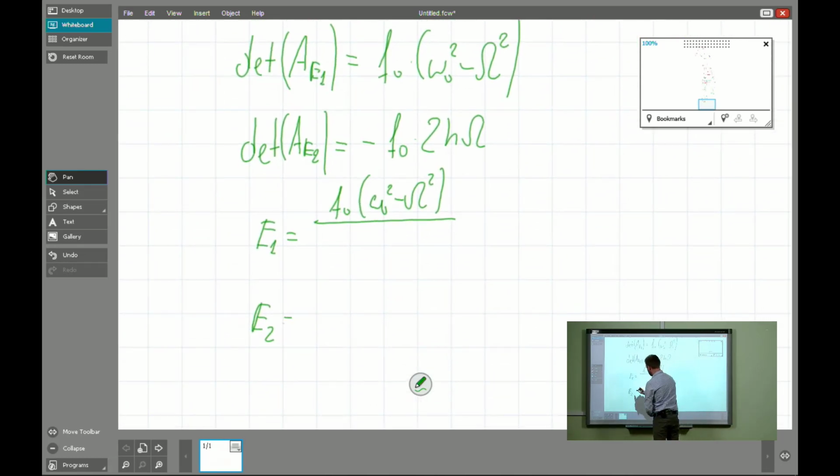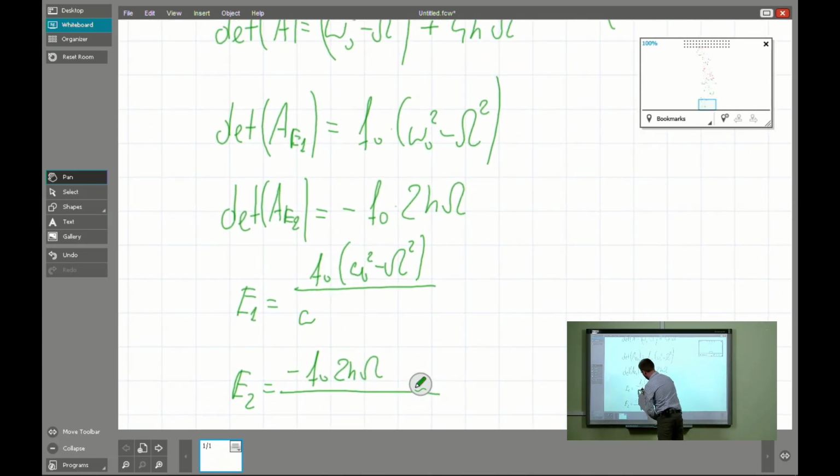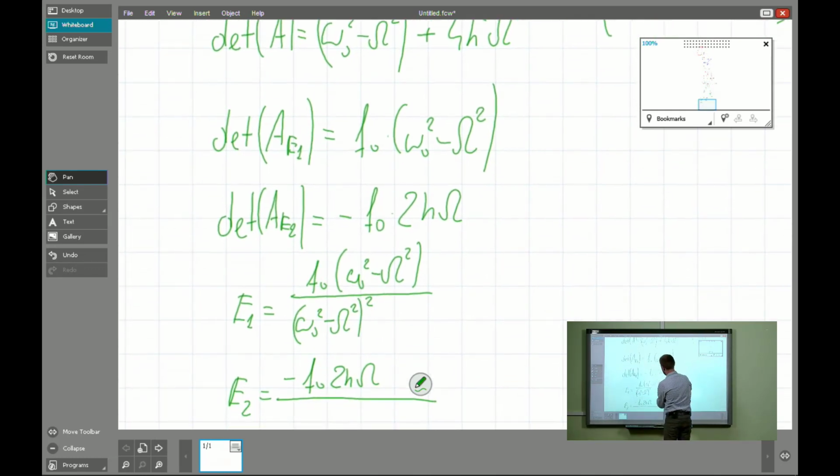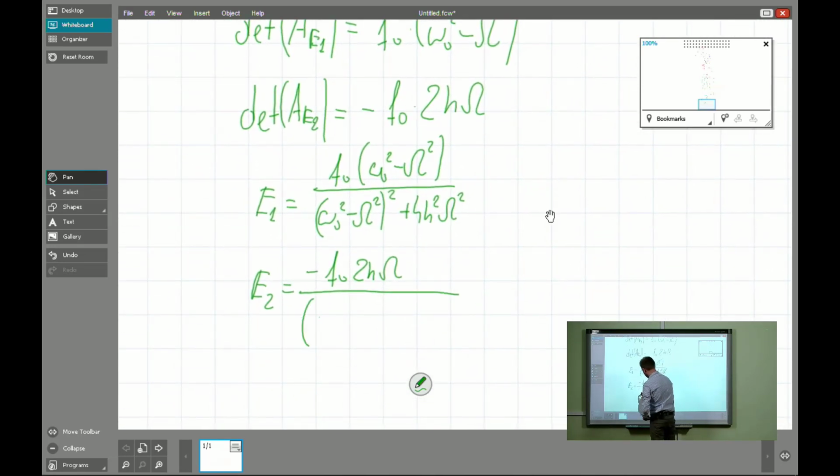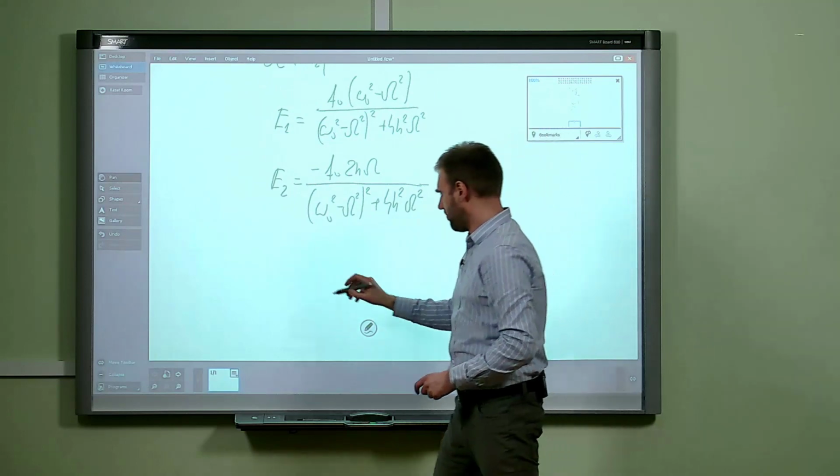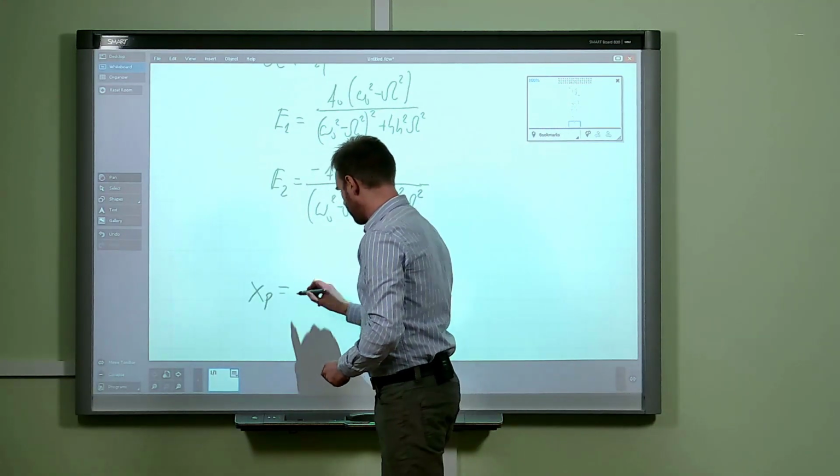And the second one will be minus f0 2h omega, and I have to divide it by that thing. It will be (omega 0 square minus omega square) squared plus 4h square omega square, and the same will be here, (omega 0 square minus omega square) squared plus 4h square omega square.